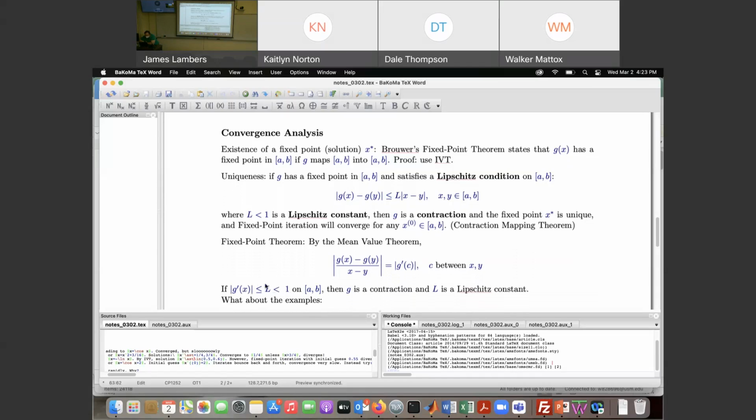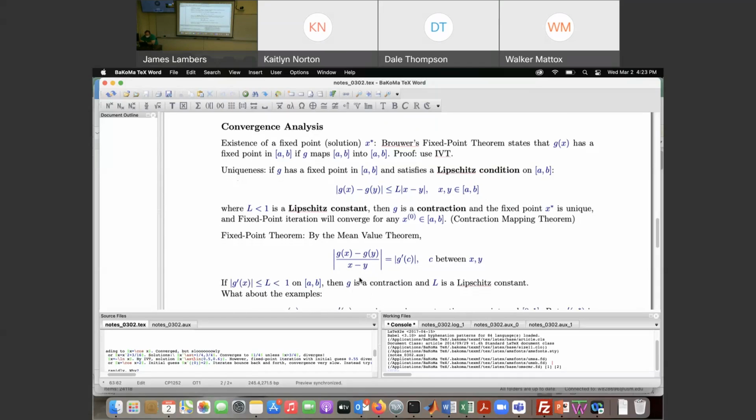So it's not exactly the same as saying that g prime is less than 1. Then again, g is a contraction, and fixed point iteration will again converge. So that's how we know whether fixed point iteration is going to work.